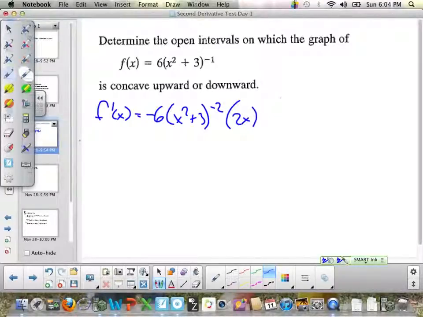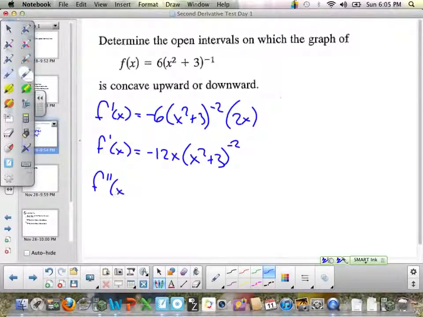Let's clean that up just a little bit so I don't have such a complicated function. So that'd be negative 12x times x squared plus 3 to the negative 2. Now we're going to have to use the product rule with the power rule and the chain rule. So we'll have f double prime equals the first function times the derivative of the second function.